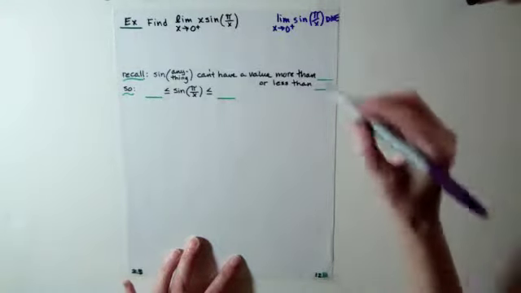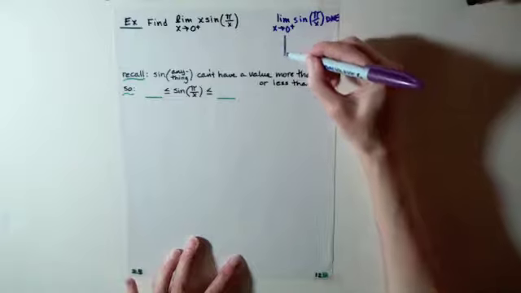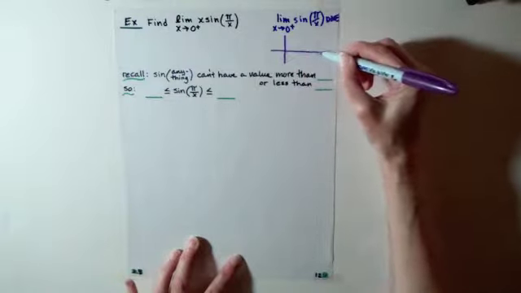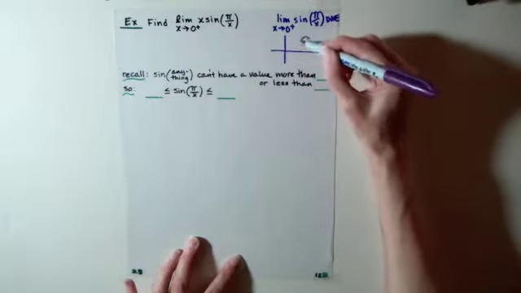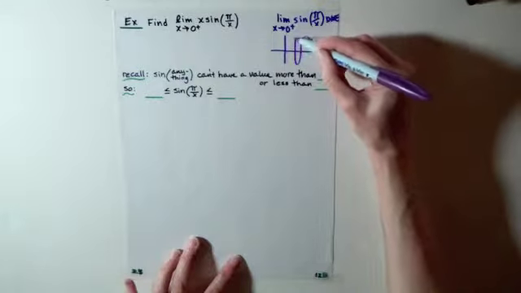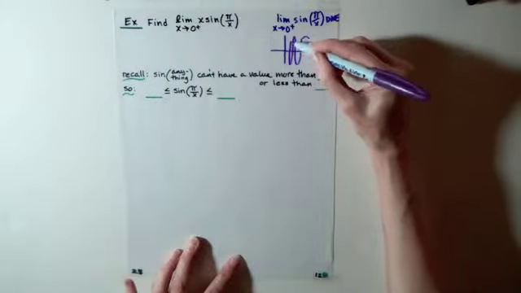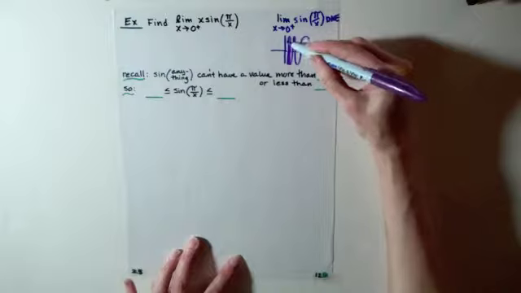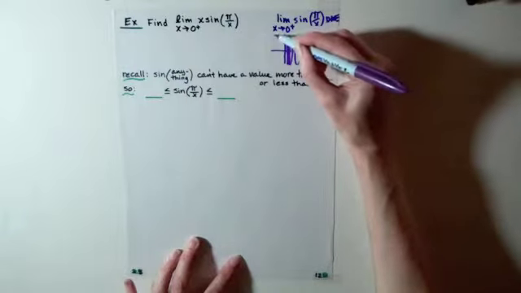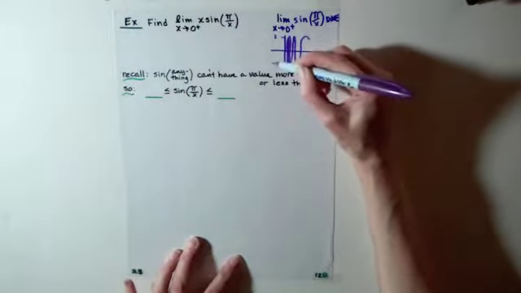We found that because we graphed this function, and as you approach 0, it starts oscillating more and more rapidly between the values of 1 and -1.